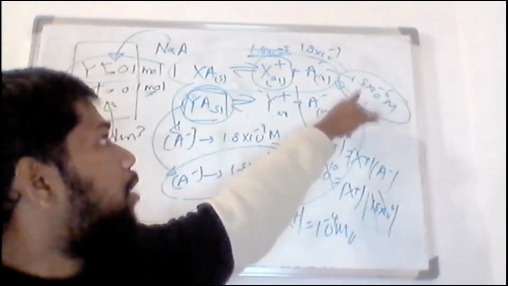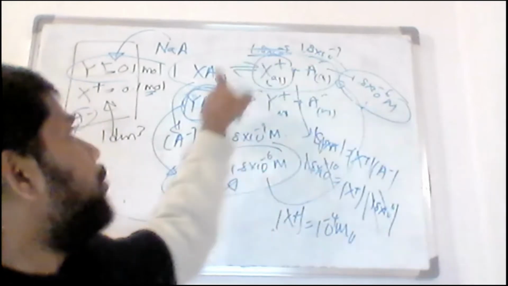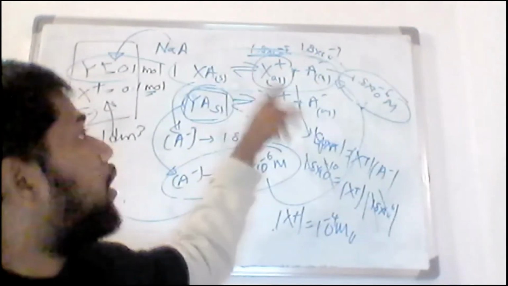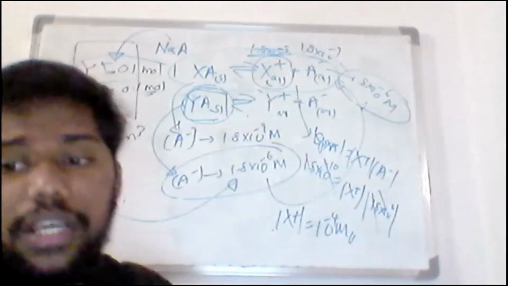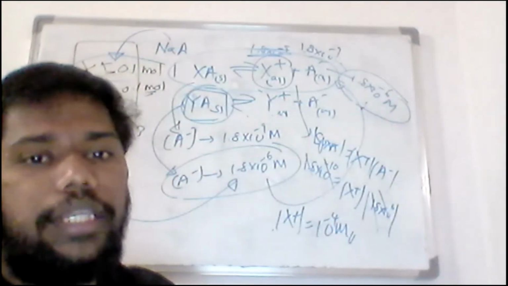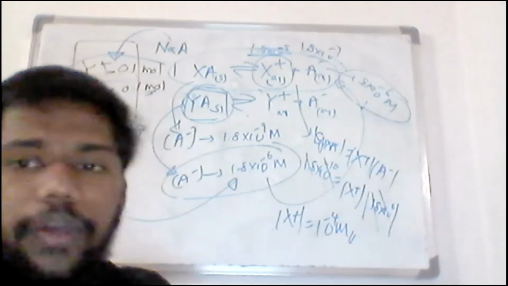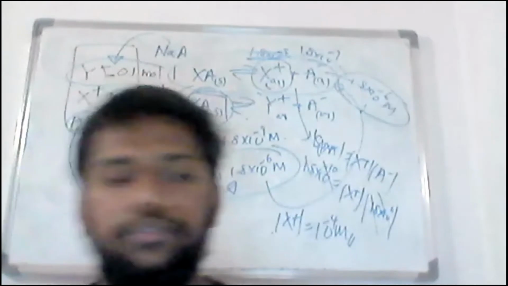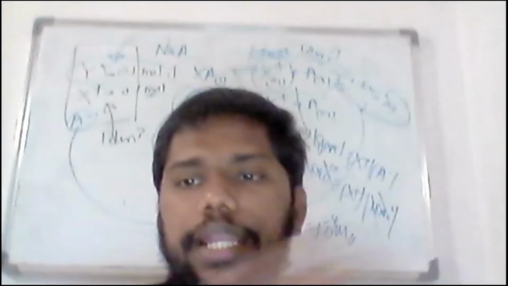And since KSP should remain constant, this X plus concentration should change, and we have calculated that as 10 to the power minus 4. Okay. So did you get that? Did you get that point?